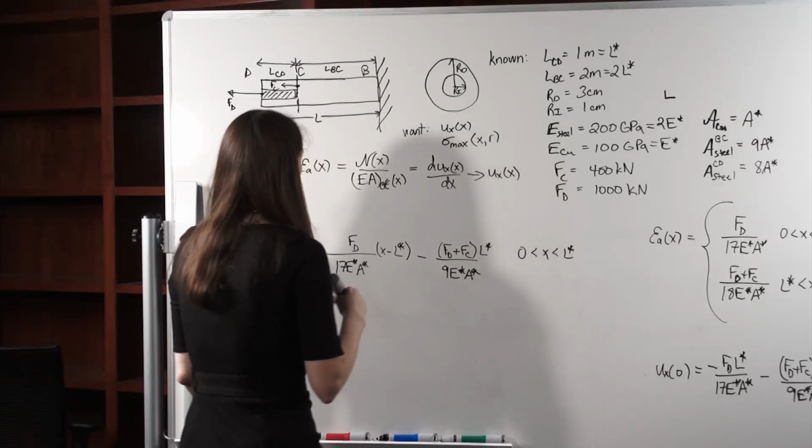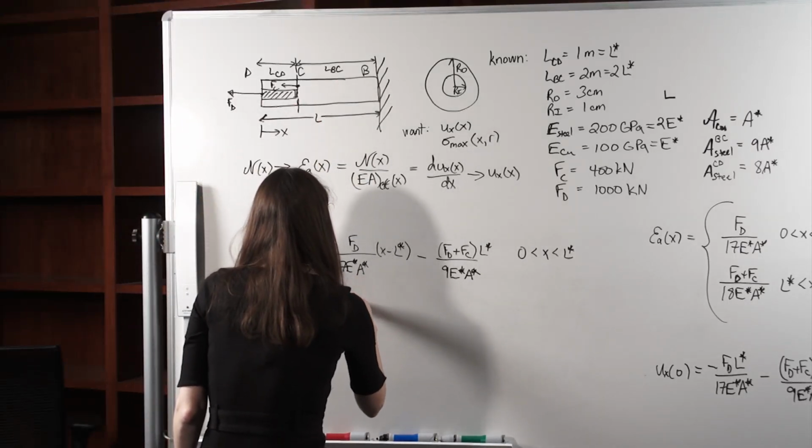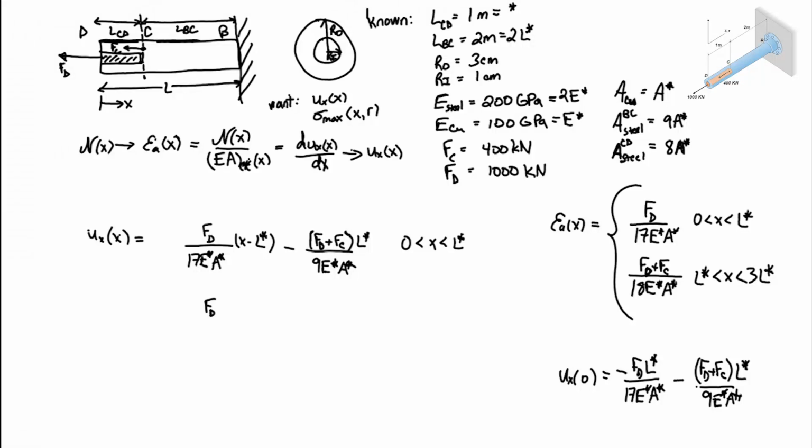Okay, and then in CB we have fd plus fc over 18 E star A star, so times x minus 3L star.